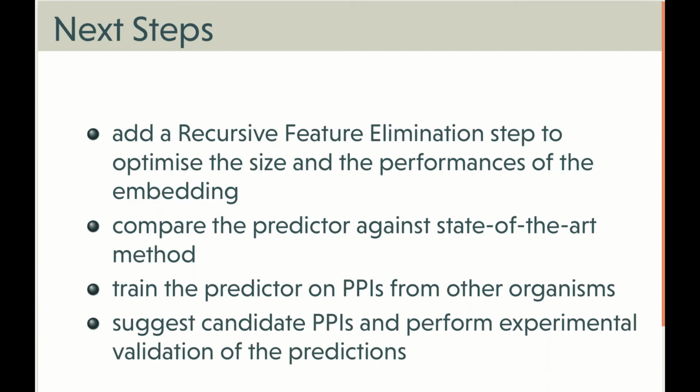Also, we will add every time this recursive feature elimination step to optimize the size of the final embedding, and we will also compare the final predictor against the state-of-the-art methods. We will also aim to train the predictor on protein-protein interactions from other organisms, and even suggest candidates that we could eventually experimentally validate.